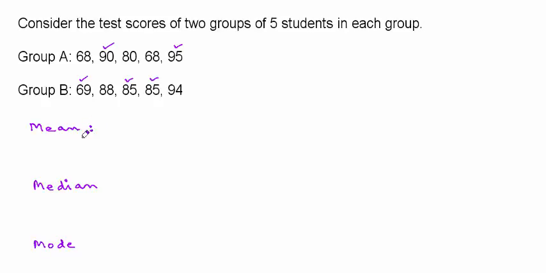The mean of a set of numbers is the sum of the numbers, divided by, I'm going to write this as a fraction, this fraction bar indicates division, divided by the number of numbers.